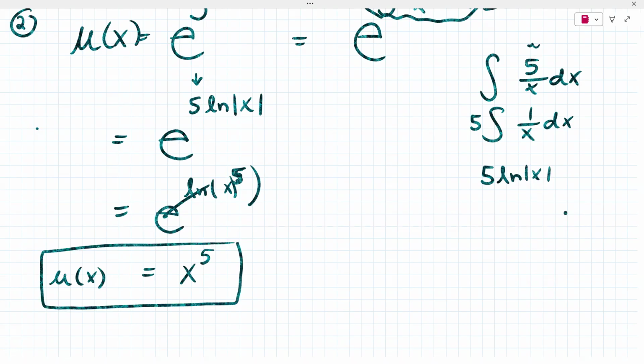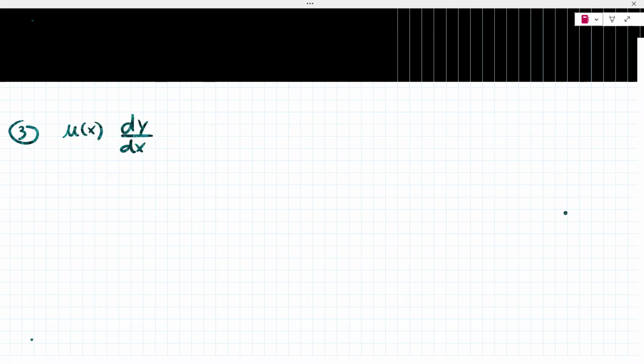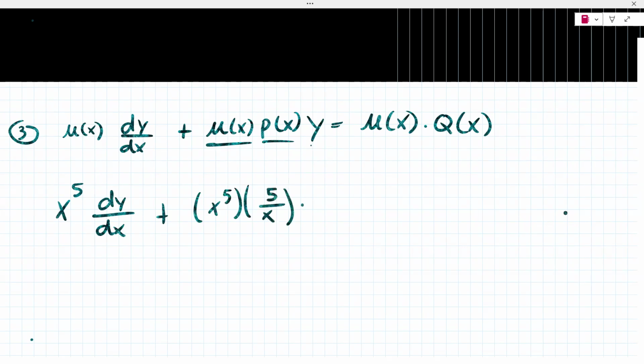Step 3 is multiply everything by mu. Okay, so our mu is x cubed, I mean x to the 5. Here, mu of x times p of x times y: my mu of x is x^5, my p of x is 5 over x, times y.